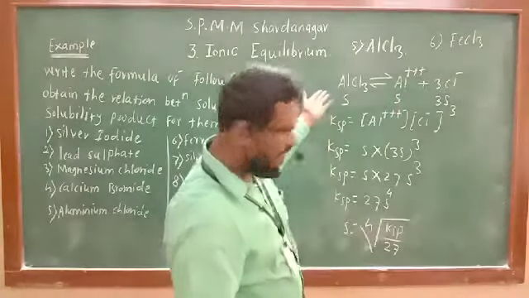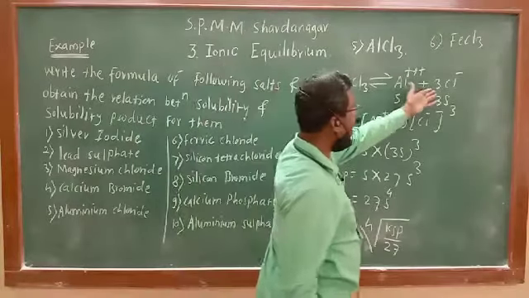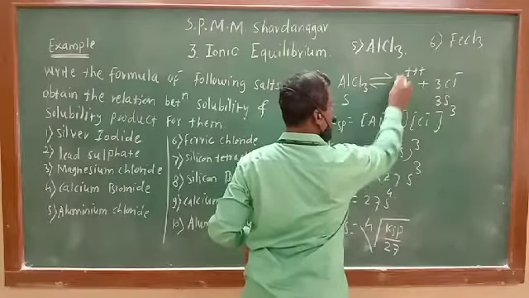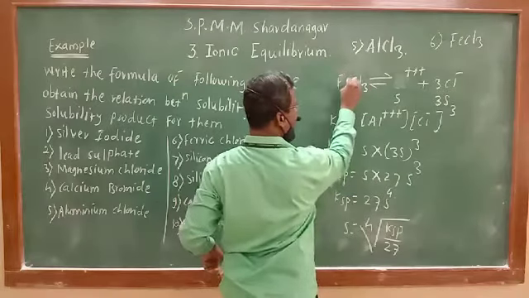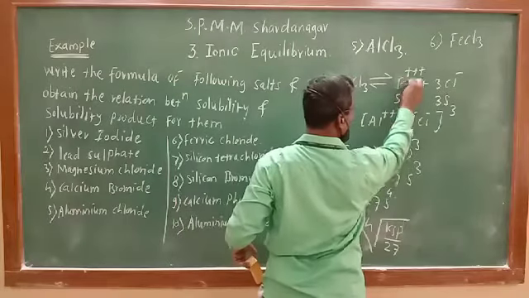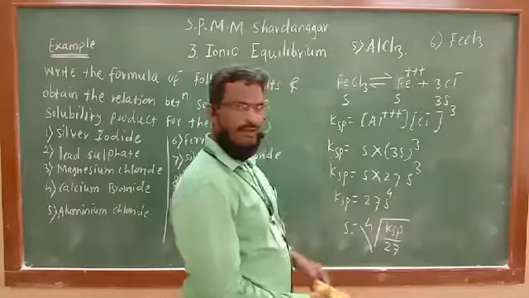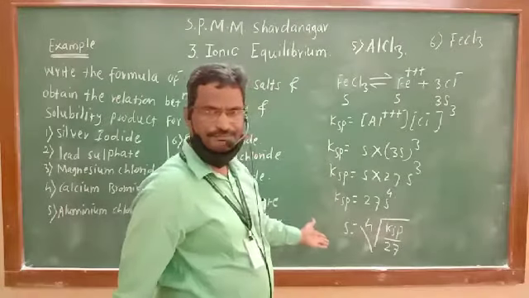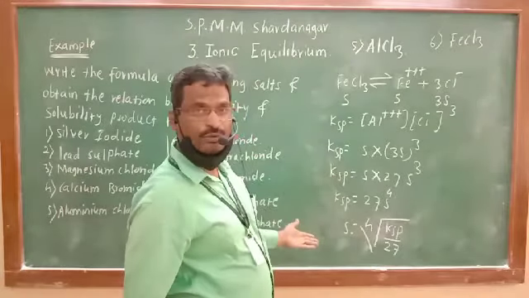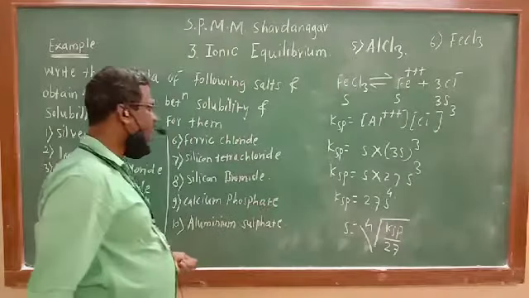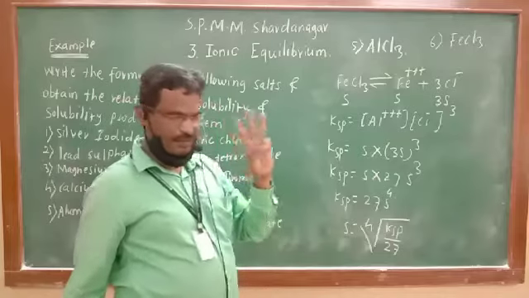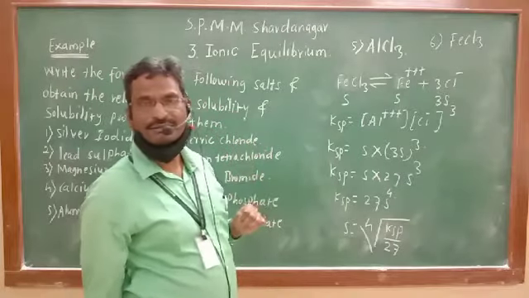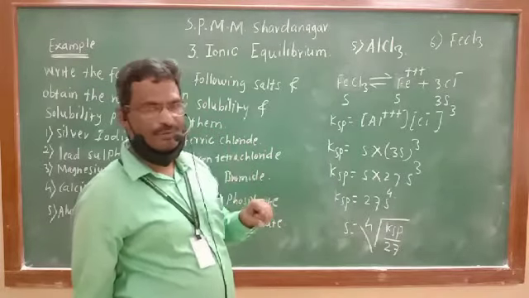Only instead of AlCl3, Al, here we just have to write FeCl3, Fe and 3Cl minus. The remaining part is the same. This is how we can obtain the relation between solubility and solubility product for the third type of salt, that is BA3 type of salt.